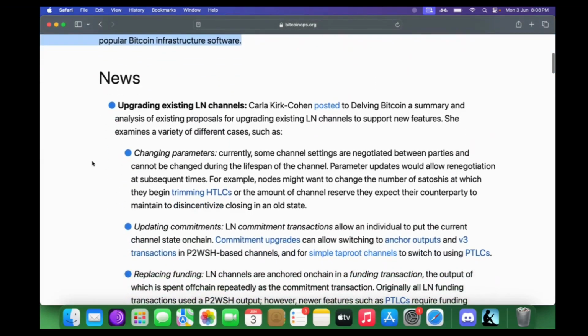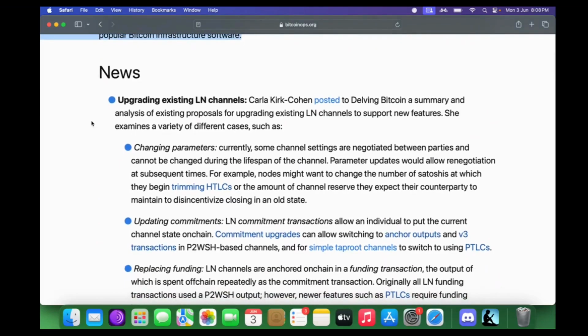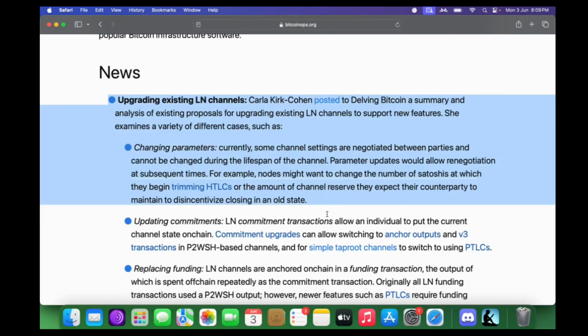So the first bullet point of the first news article is updating or upgrading existing LN channels. Kirk-Cohen posted to Delving Bitcoin a summary and analysis of existing proposals for upgrading existing LN channels to support new features. She examines a variety of different cases, such as changing parameters.